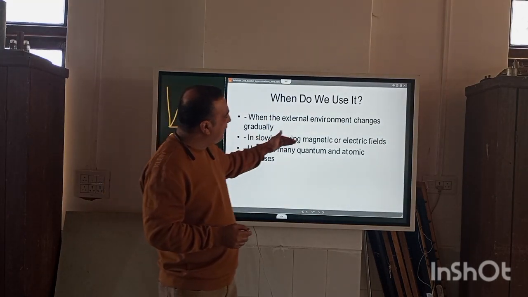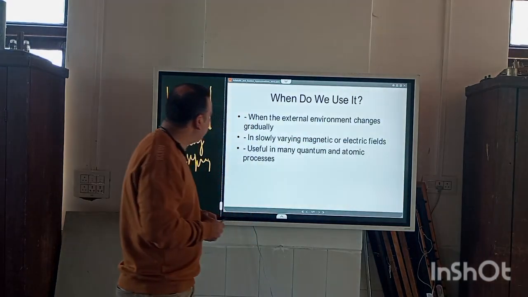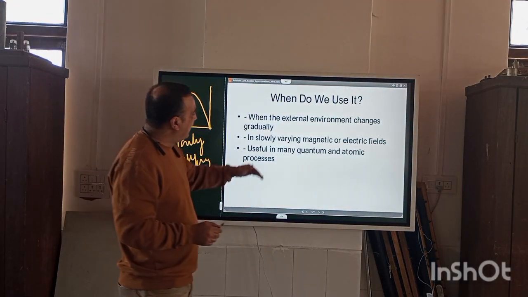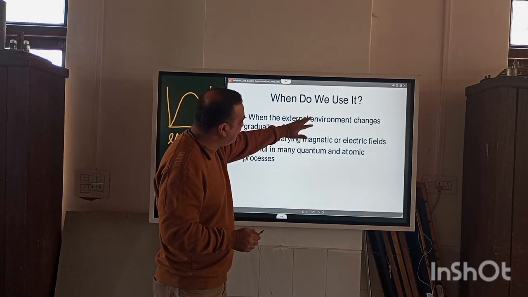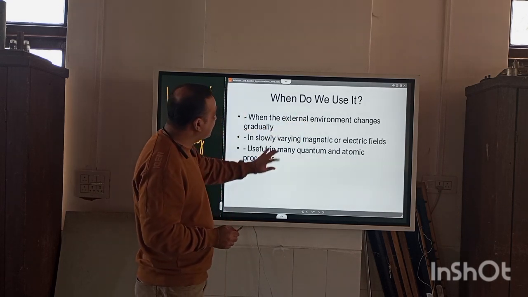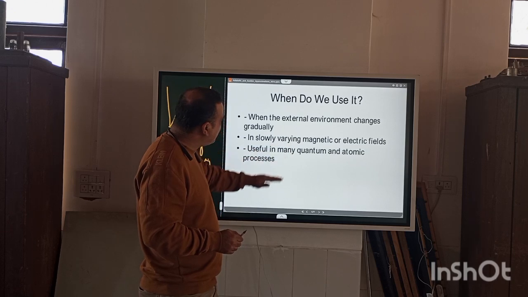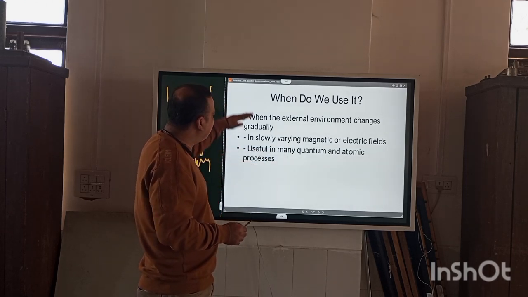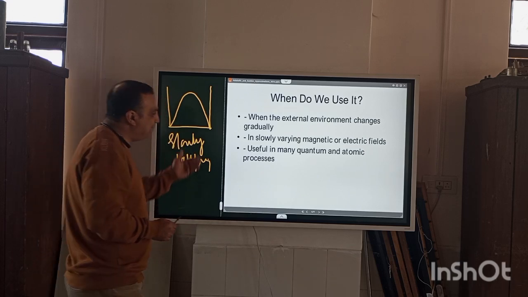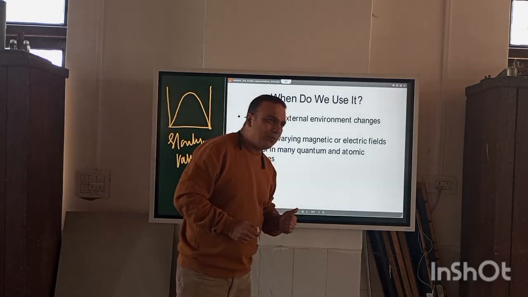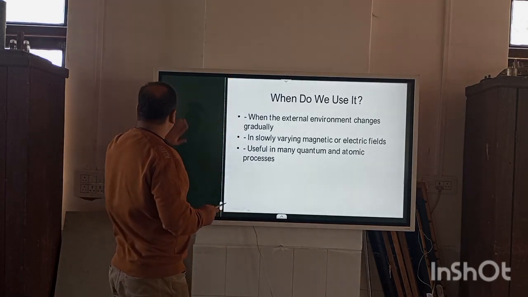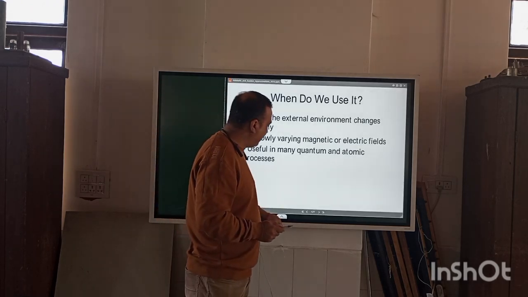So in a slowly varying magnetic field or electric field, we can think of adiabatic approximations, because here we are treating the external perturbation that we are imposing on our system as extremely slow in nature, and this is what makes it important in many quantum and atomic processes. So this is an idea about the adiabatic approximation.